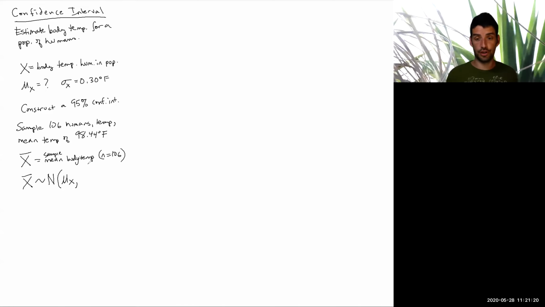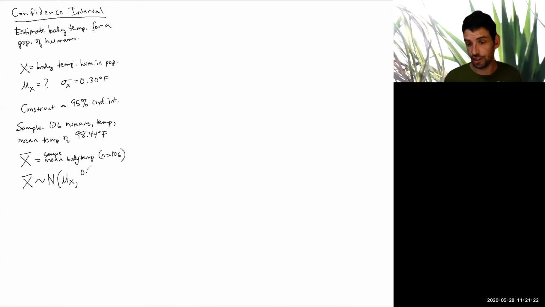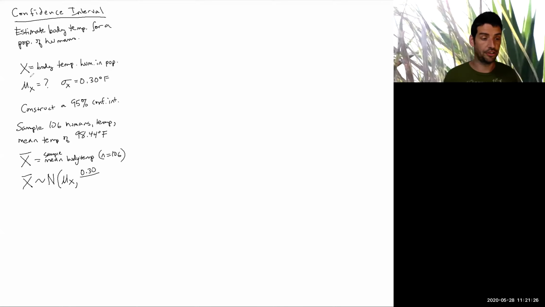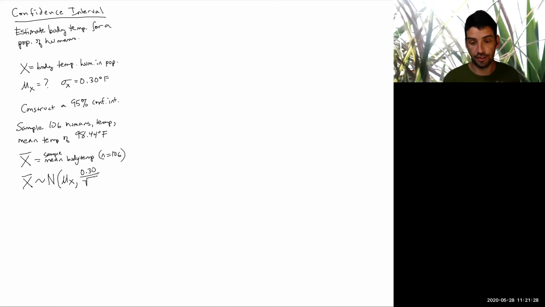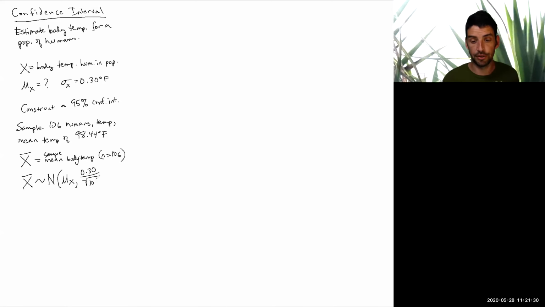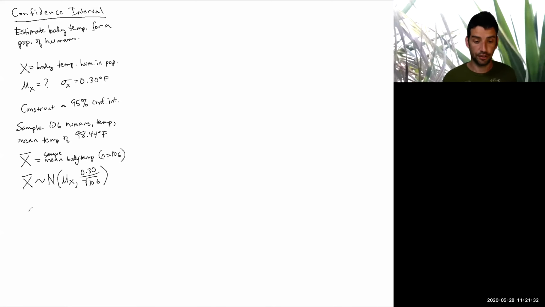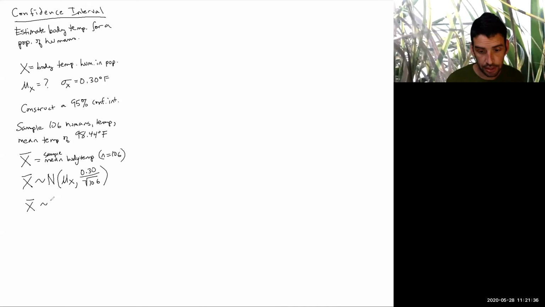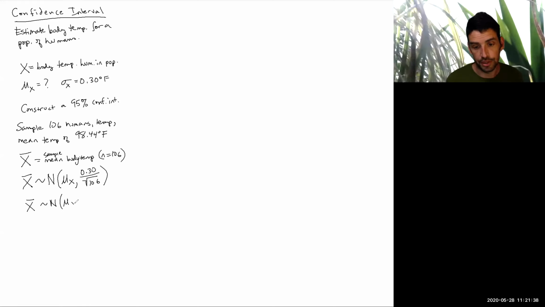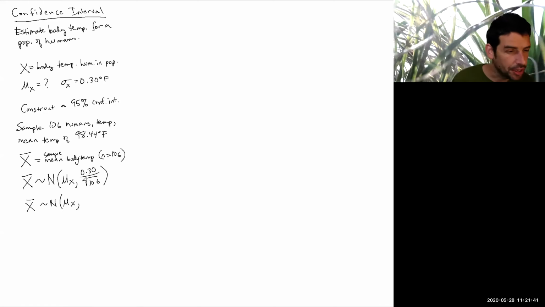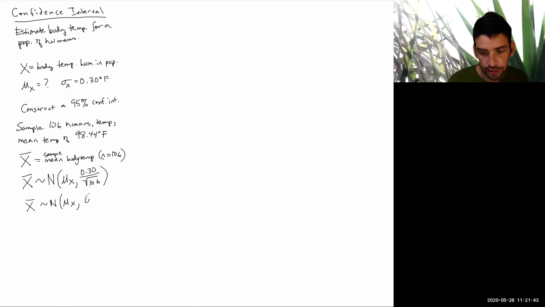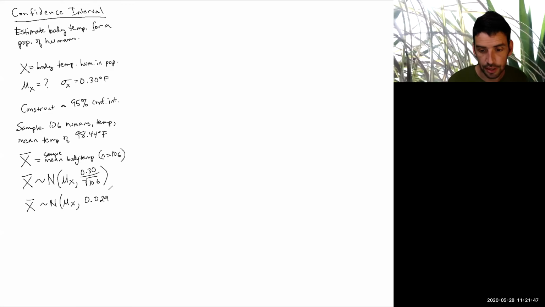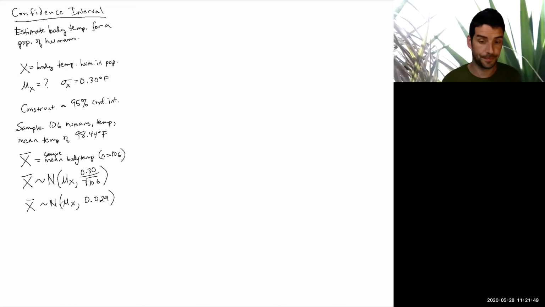We also know that the standard deviation is related to the standard deviation of x by the formula, the standard deviation divided by the square root of the sample size, right? So in this case, that works out to be, we still don't know the mean, but if you work out this computation, I have it here. The standard deviation is 0.029. Okay, this is still in degrees Fahrenheit.